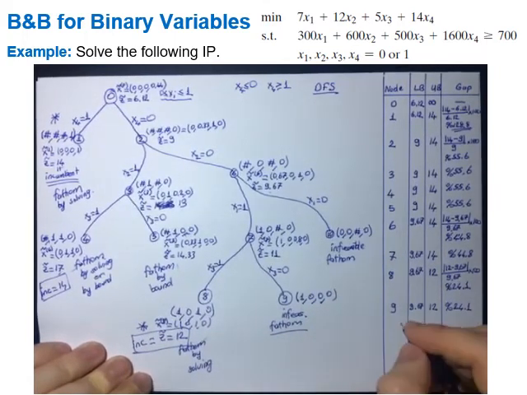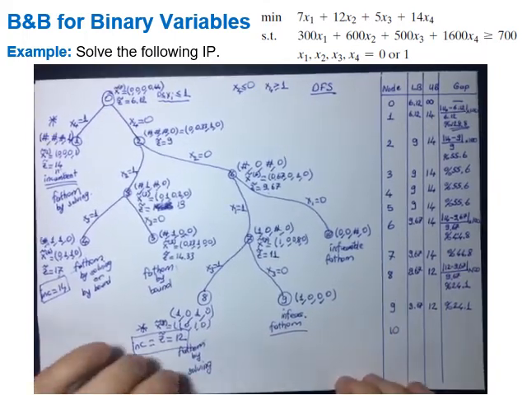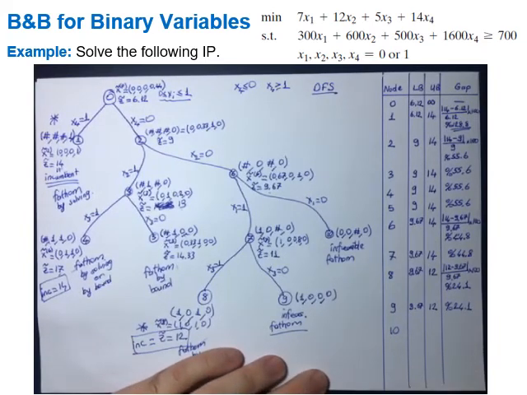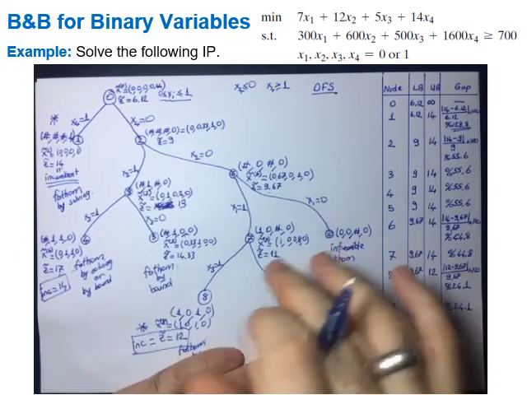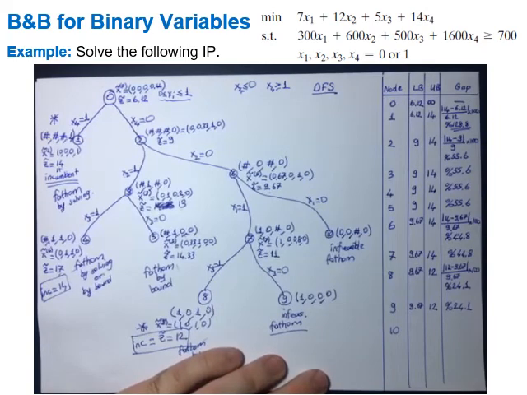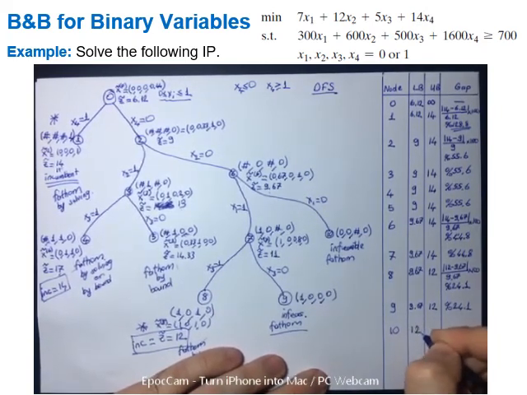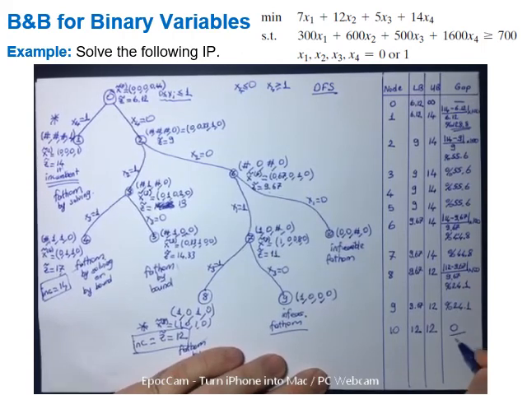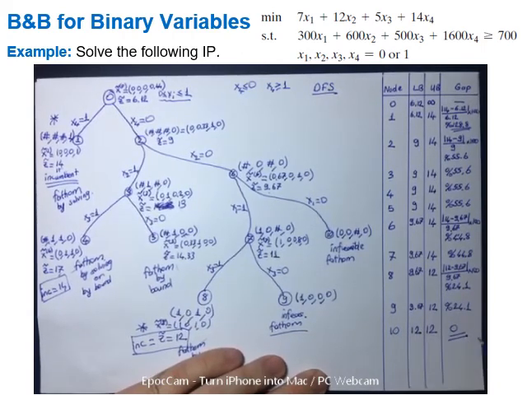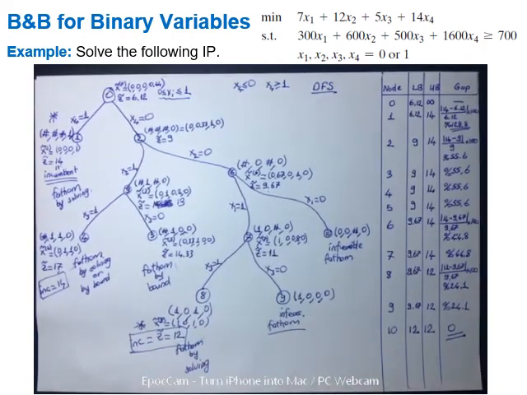So in node 10, what happens? We said that in the final node, when all nodes are fathomed, the lower bound becomes equal to your upper bound. So the lower bound is 12, the upper bound is 12, and your gap value is 0. So branch and bound always stops with a gap value of 0.